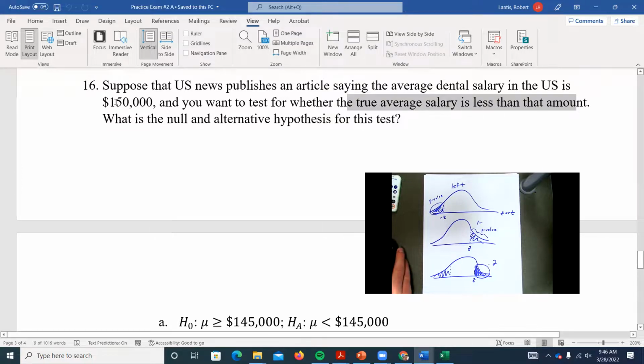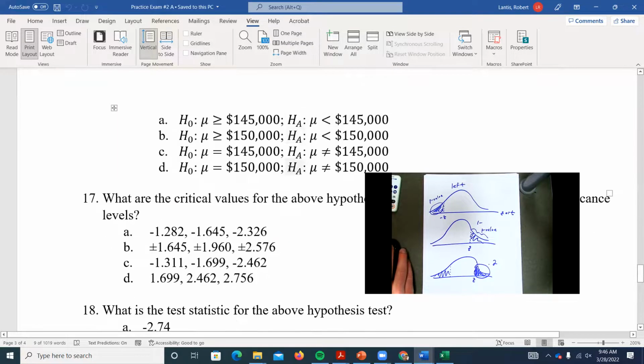So your alternative hypothesis is that it's less than 150,000. Then identifying the null is just the complement of that, or the exact opposite. So here, what type of tailed test would I have? I've got a less than sign in the alternative hypothesis, so I have a left-tailed test.